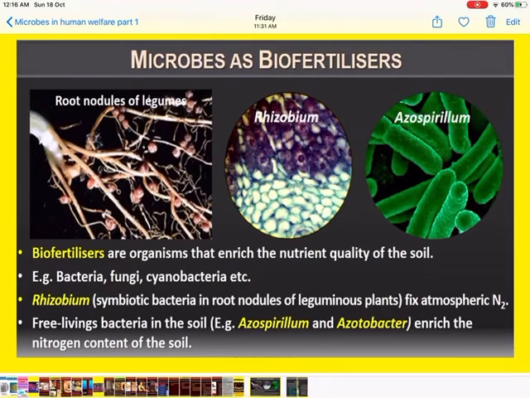They convert atmospheric nitrogen into nitrates and bring it to the soil. अब नाइट्रेट सॉइल में आ गए एंड दीज आर यूज्ड बाय द प्लांट्स फॉर मेकिंग द फूड, फॉर मेकिंग अदर थिंग्स.